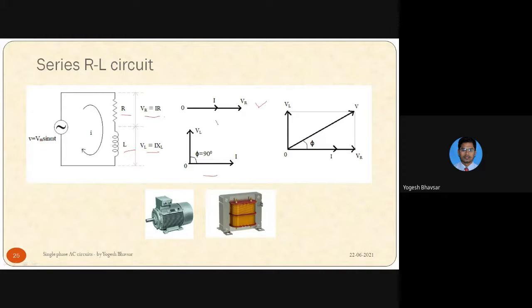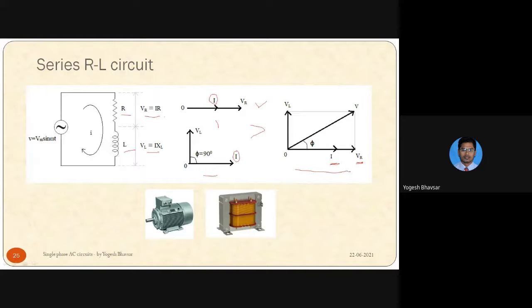Now let us combine these phasor diagrams. Now look at that. What is common here? The common term is current, so we took the current on the x-axis. Then if we extend the line, it will be VR.